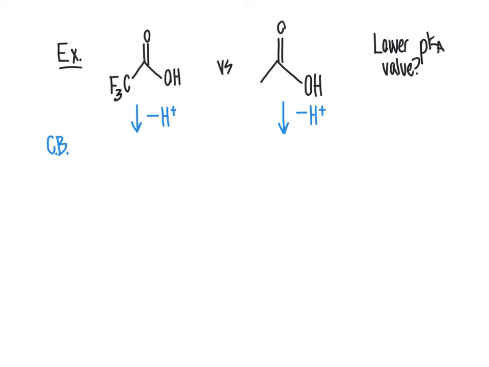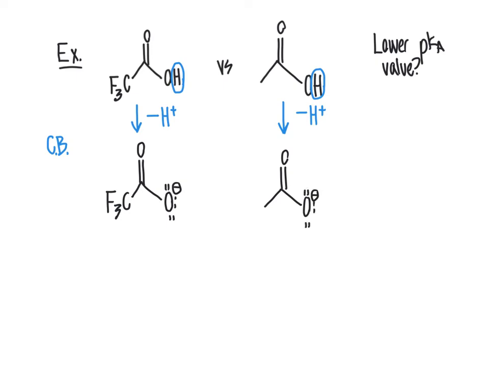So losing a proton here and here would give us our conjugate base products, which would be like so. For the trifluoroacetic acid deprotonation, would give us a negative charge on the oxygen here. And if we come over to the deprotonated acetic acid, our acetate anion would have a negative charge right here.